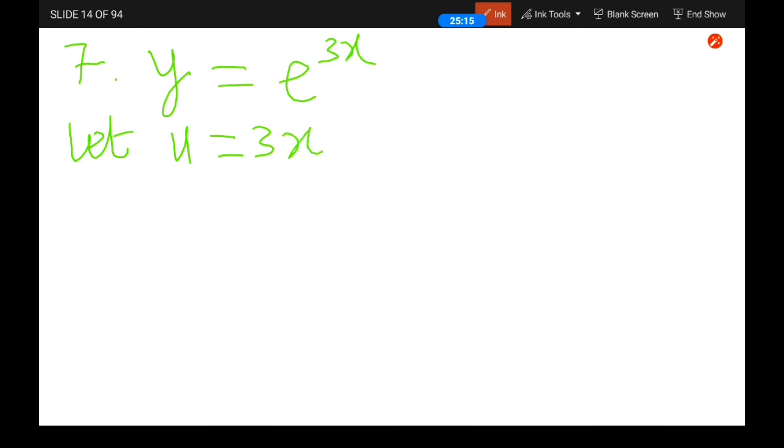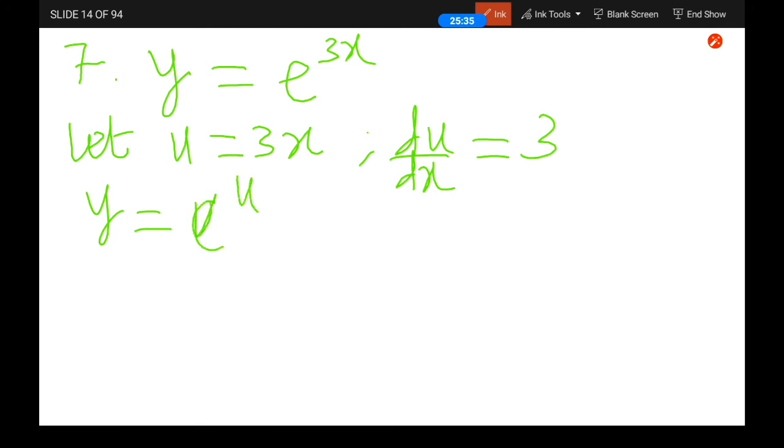I'll be showing you the shortcut on this as well, such that du dx equals what? 3, right? And my y becomes e raised power u. And remember, if you differentiate e raised power x, you get e raised power x back.